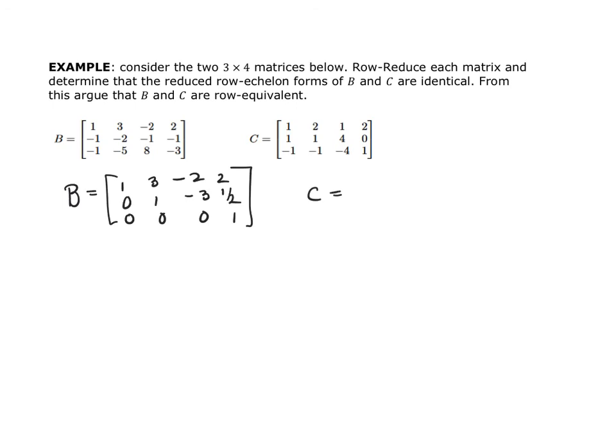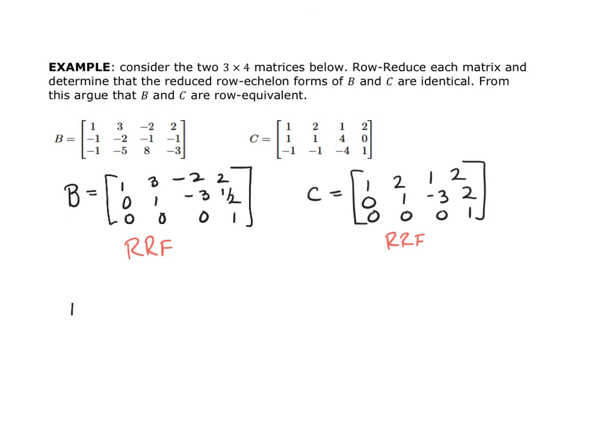Now let's take a look at C. C in row reduced form is 1, 2, 1, 2, 0, 1, negative 3, 2, 0, 0, 0, 1. Both of these are in row reduced form. We're now going to take a look at what these look like in reduced row echelon form.